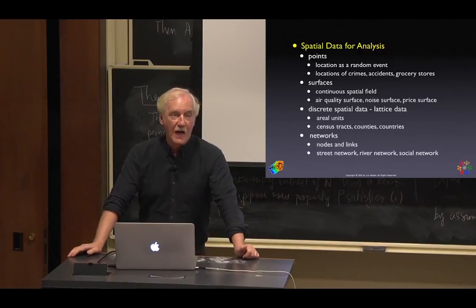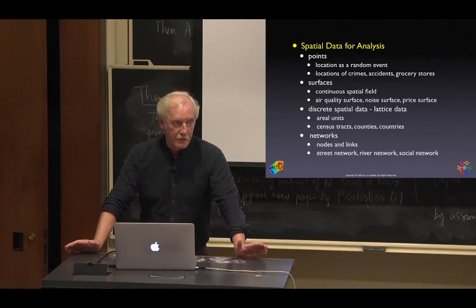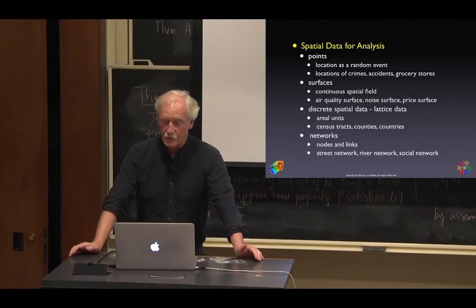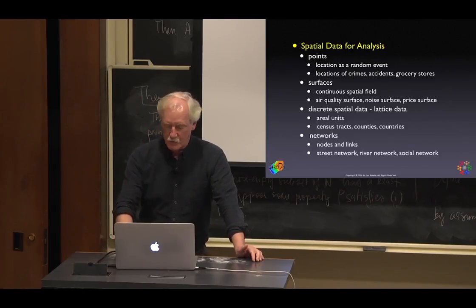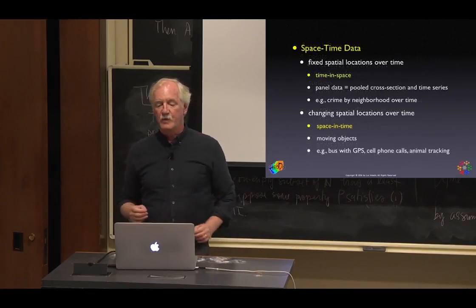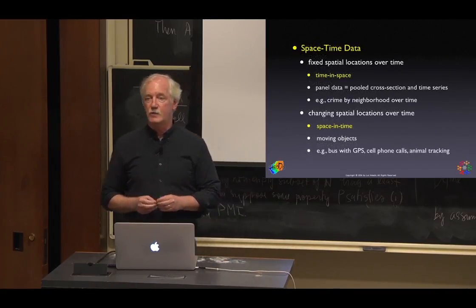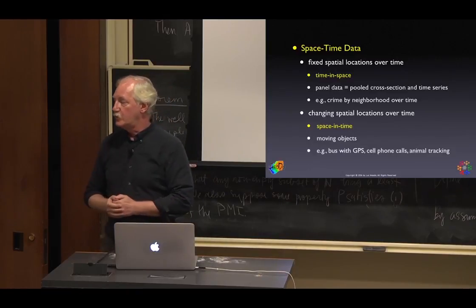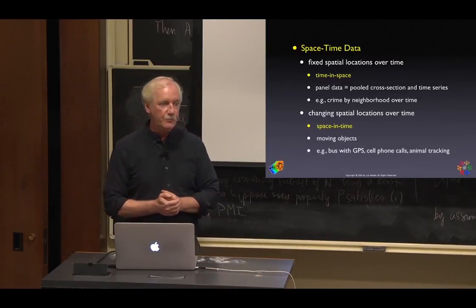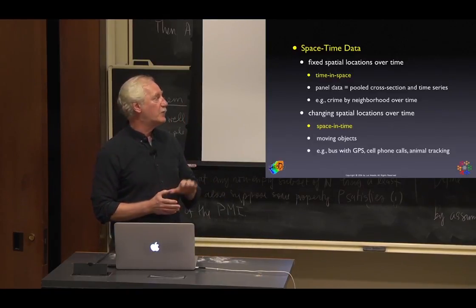Aggregate data, we call them lattice data. It's an unfortunate term, but that's what it is. Areal units: census tracts, counties, countries, and then networks, right? Including social networks. A lot of the technology that we use in spatial analysis translates directly to social network analysis. Space-time, I just want you to know about this.